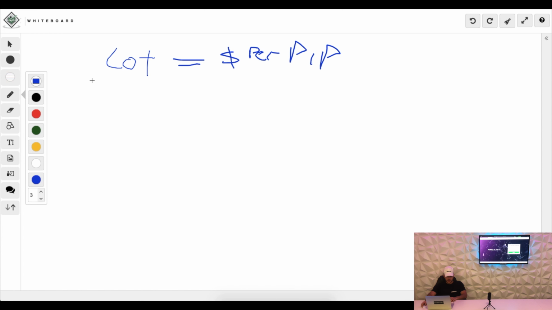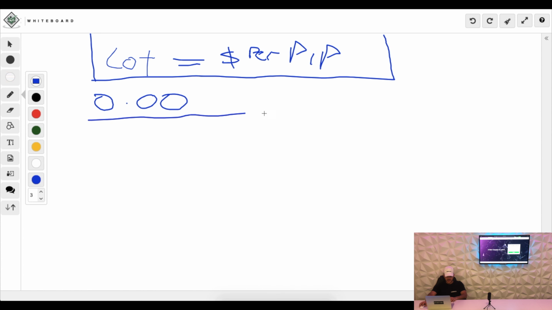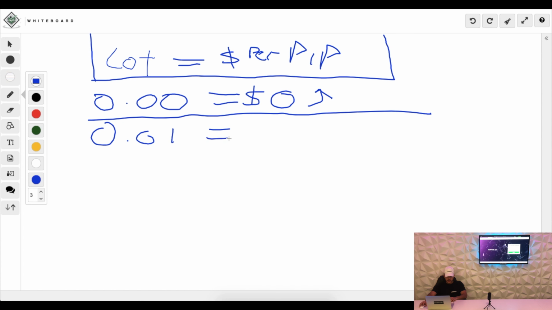I don't know if you remember when we were on MetaTrader, we had 3 digits, and I said I was going to explain it later. So it is the lot sizes. Alright, so 0.00 equals $0 per pip. 0.01 equals 10 cents per pip.